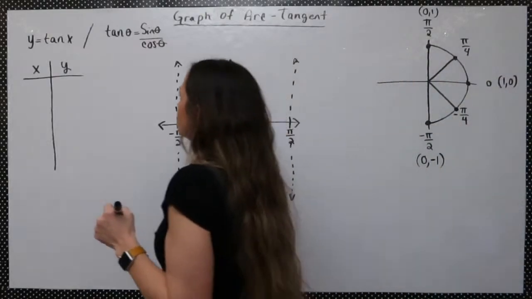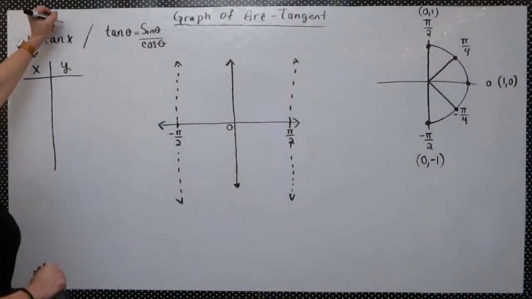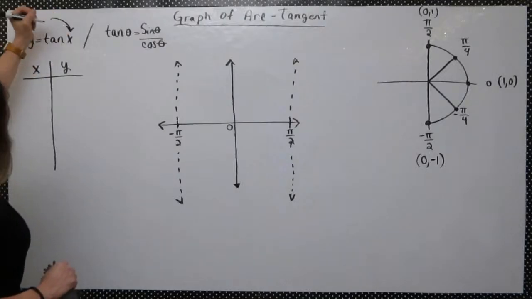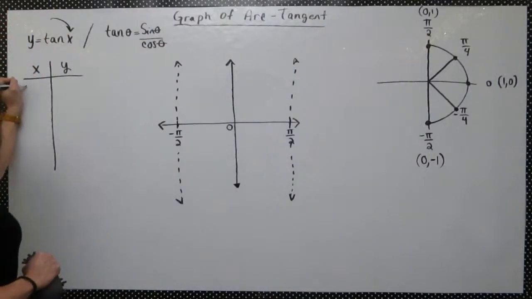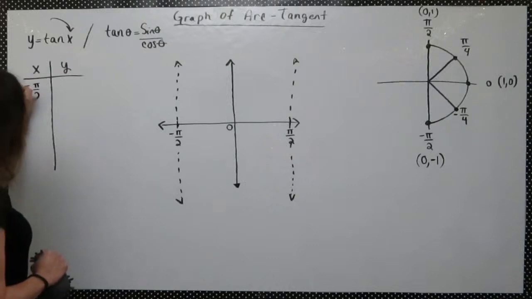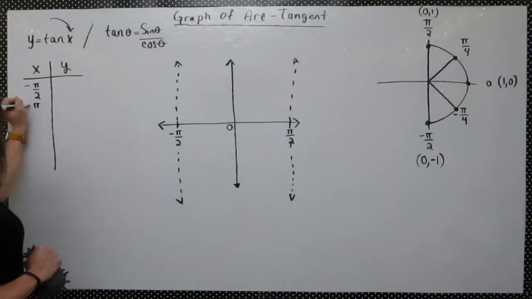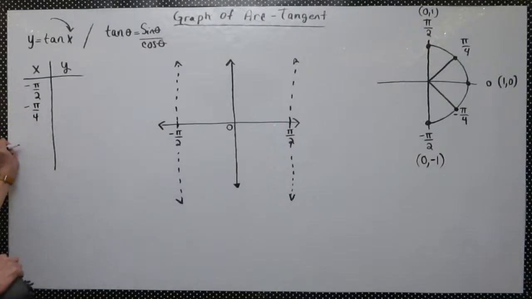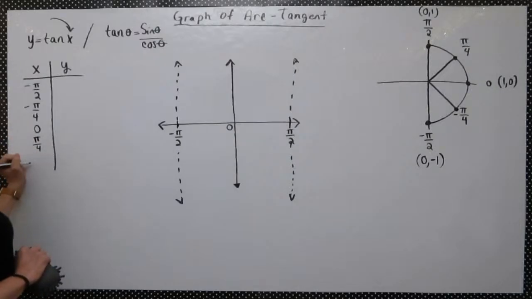All right. So recall this trig function here is taking an angle into its domain, and we're calculating the value. So we'll just go from negative pi over 2, negative pi over 4. We'll go 0, pi over 4, and positive pi over 2.